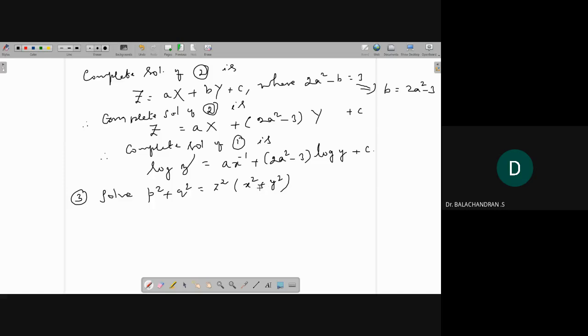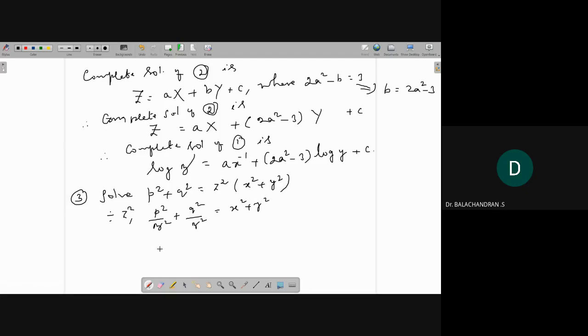So now it is better to divide throughout by Z square. If you divide by Z square, then you will get P square by Z square, so actually this is small z, plus Q square by Z square equal to X square plus Y square.